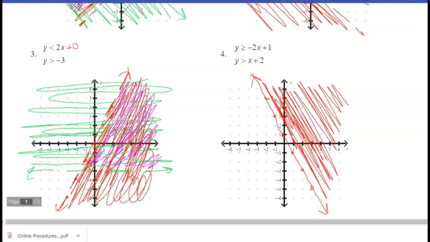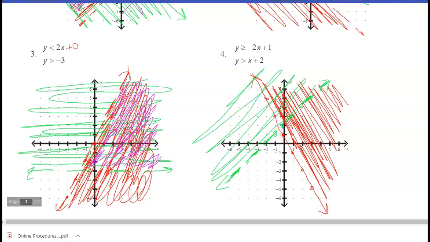Y is greater than x plus 2. So I come here. A slope of 1, so we're going up 1 over 1. So I'll get some dots down here, and it's a dotted line. We have a dotted line like that, and it is, again, everything above. So this area here, I guess I'll do it purple one more time. You don't have to, as long as you know.